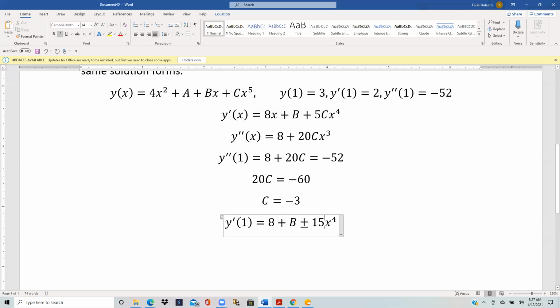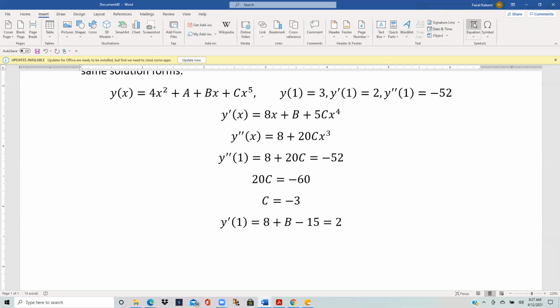So 8 plus b minus 15, and x is 1, so this goes away. So that is equal to y prime of 1, which was 2. Okay, so from here 8 minus 15 is negative 7, and that adds on here. So 7 plus 2 is 9. So b is 9.